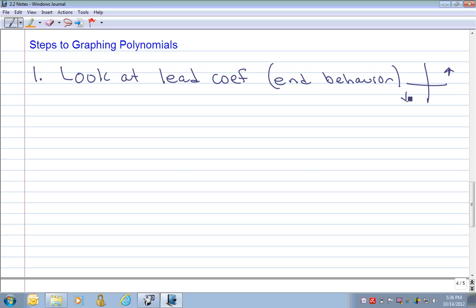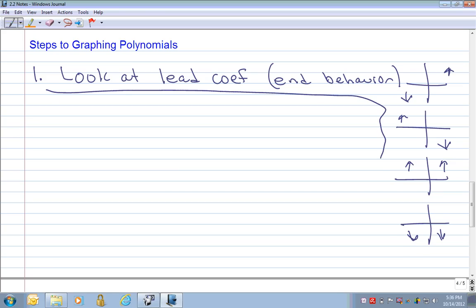Does it go up and then down? Does it go down and then up? Does it go up and up? Or does it go down and down? Okay, and that leading coefficient will tell us all of that information. Looking at that one term in your polynomial will give you that end behavior.